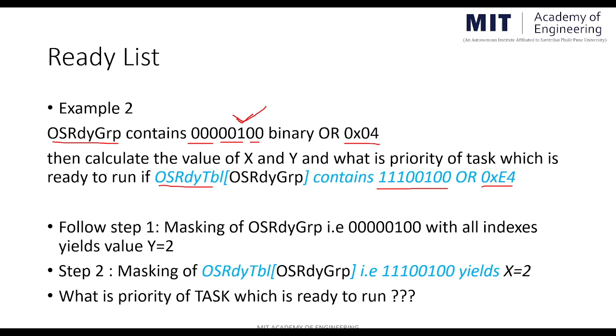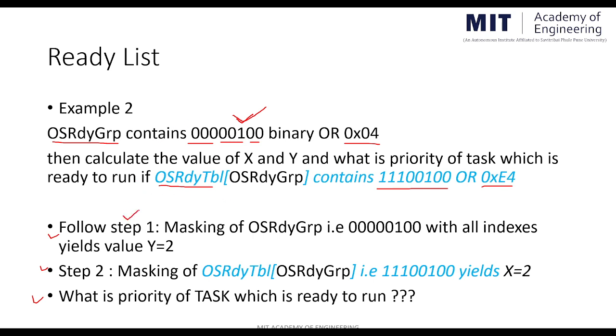They occupy particular bit positions in the RdyGrp and the RdyTbl. After the values are present in these two structures, the scheduler extracts these values and does the masking operation, and because of the masking the scheduler can understand which task is ready to run and what its priority is. Hence the scheduler follows these three steps. We have already seen these three steps in the first video. Now again we will follow these steps for these new values.